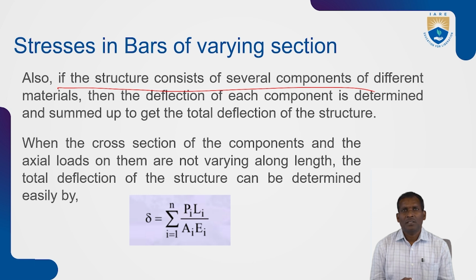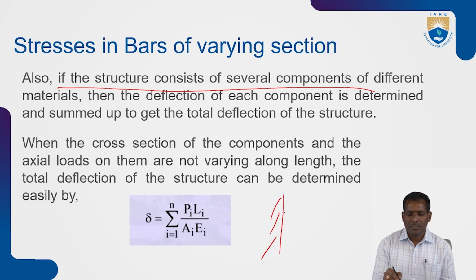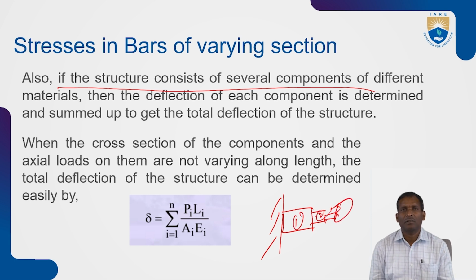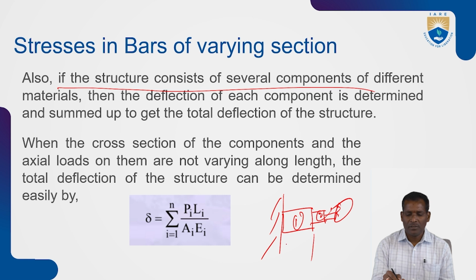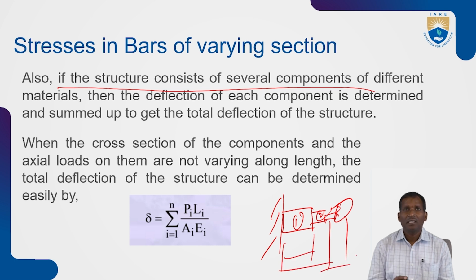So if the structure consists of several components of different materials, suppose this is one structure, having a combination of 2-3 materials, material 1, 2 and 3, with different cross-sectional areas. The deflection in each component needs to be calculated separately and then summed up to get the total deflection of the structure.